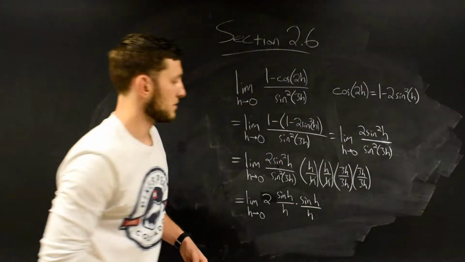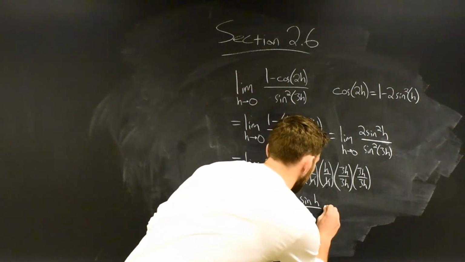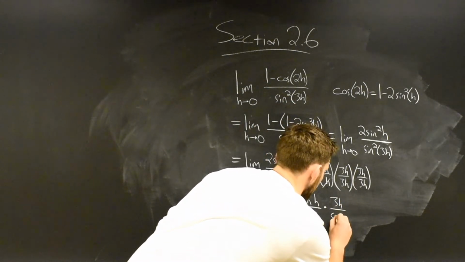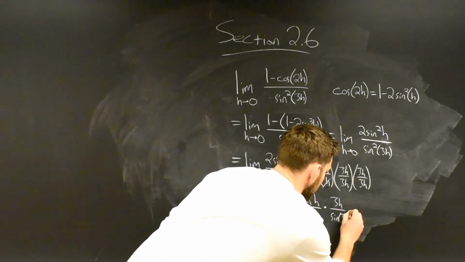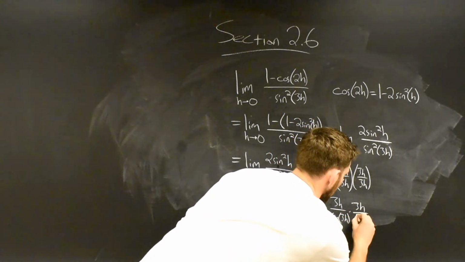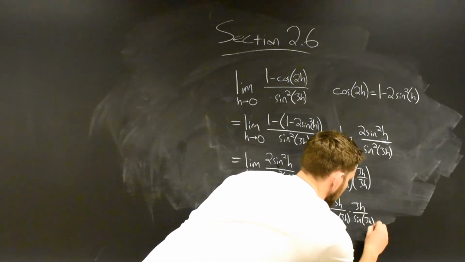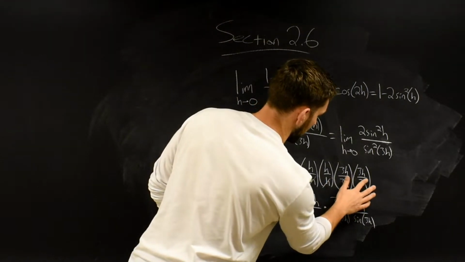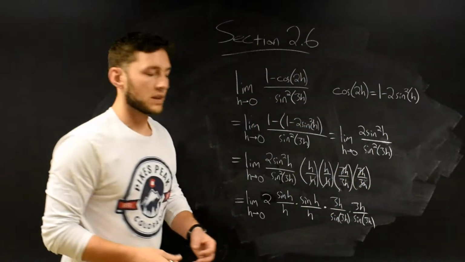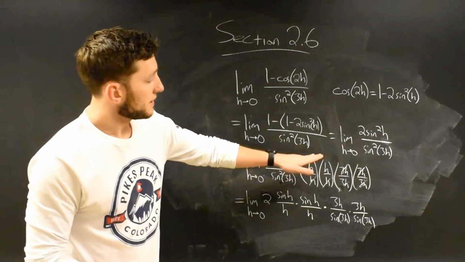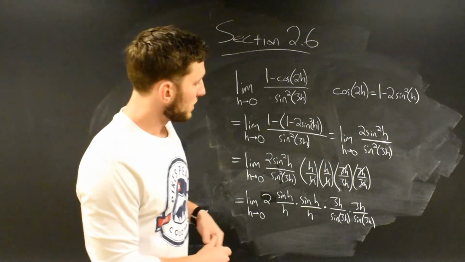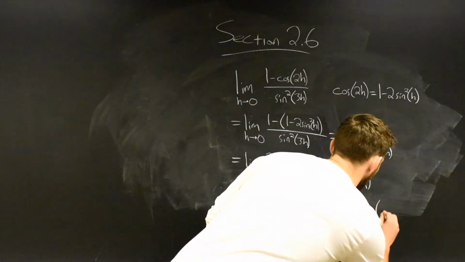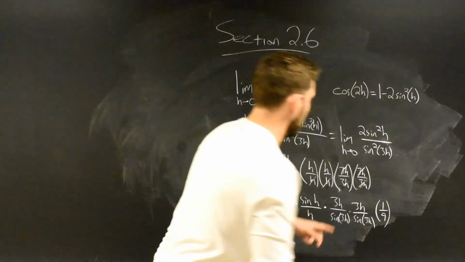In similar fashion, I'm going to take this guy and put a 3h over top of it, and do that one more time. Oh, excuse me, we used them on top this time. Now what I'm left over with is an h squared on top, as well as a 9h squared on bottom, leaving me with the fraction 1 over 9 as the leftovers.